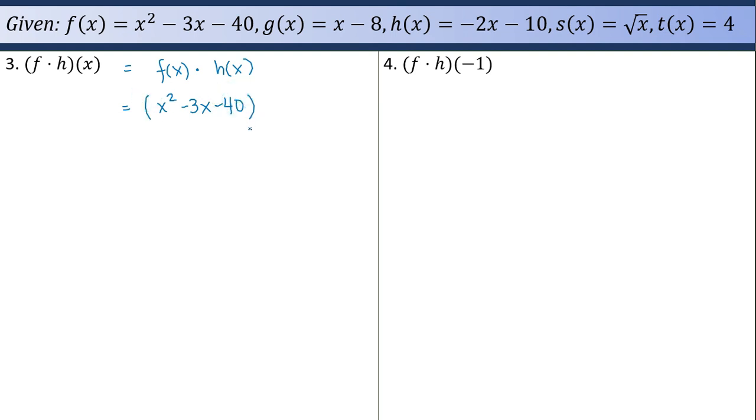What is h of x? H of x is equal to negative 2x minus 10. Okay? So, kailangan nating i-multiply itong trinomial na x squared minus 3x minus 40 sa binomial na negative 2x minus 10.